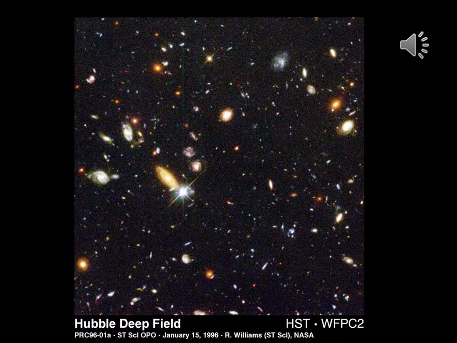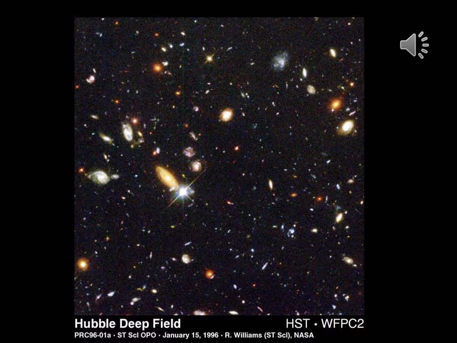We now think that a lot of the galaxies that you're seeing in these images, this one is from what's called the Hubble Deep Field, named after a region in the night sky where there are very few foreground stars, so that we can see only galaxies. And every point here is a galaxy except for a couple.